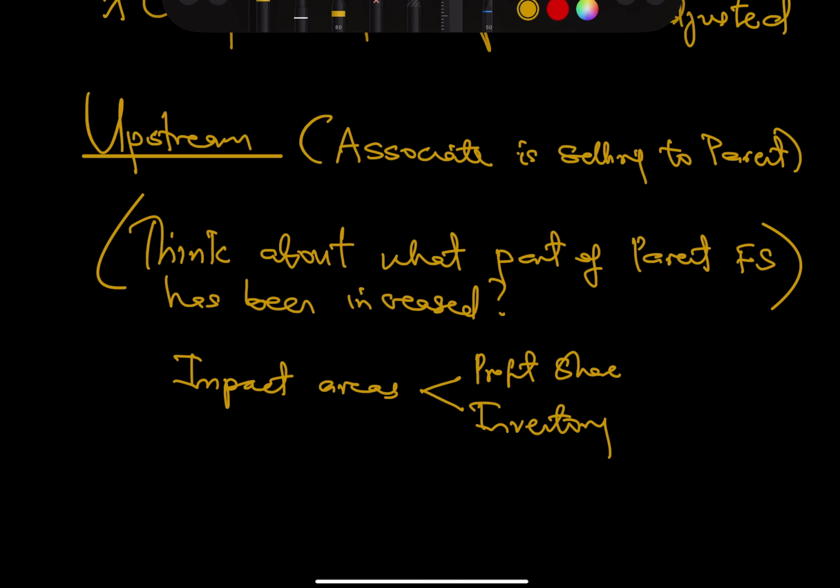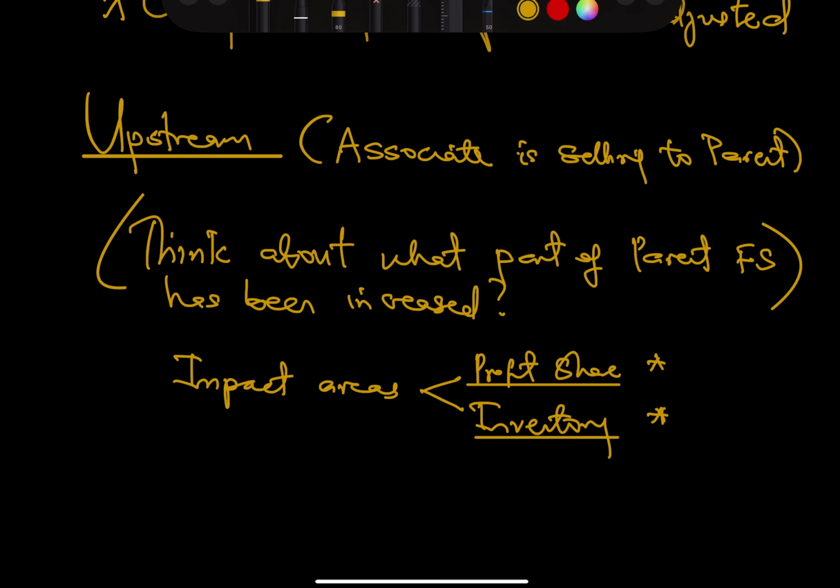So these are the two major parts impacted on the parent account. The profit the associate has made will still come back to the parent as profit share, and the inventory the parent received was received at a marked-up price because it was sold by the associate. These are the two accounts that unrealized profit is adjusted for.